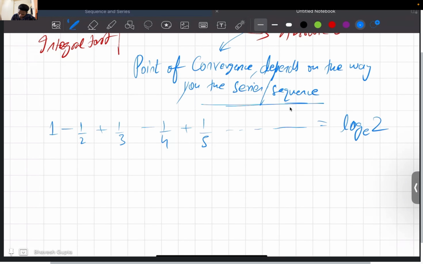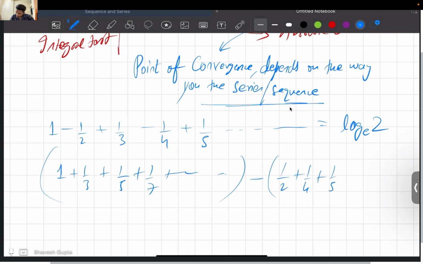But what if I do this kind of an arrangement where I collect all the even terms in a single bracket, and what if I collect all the odd terms in a single bracket? Then what do we see? That this is not equal to log e of 2.